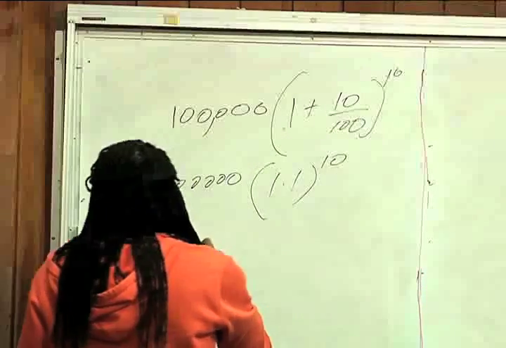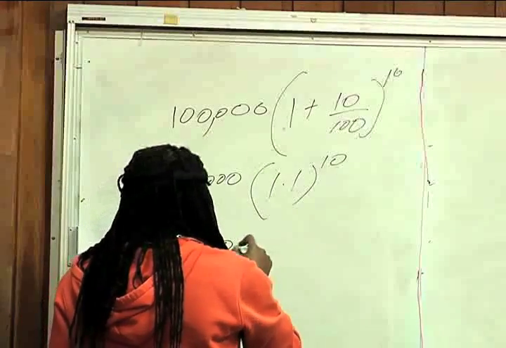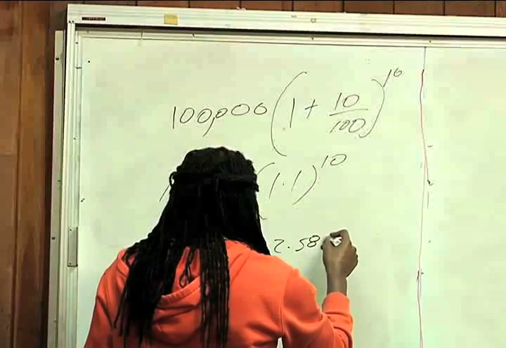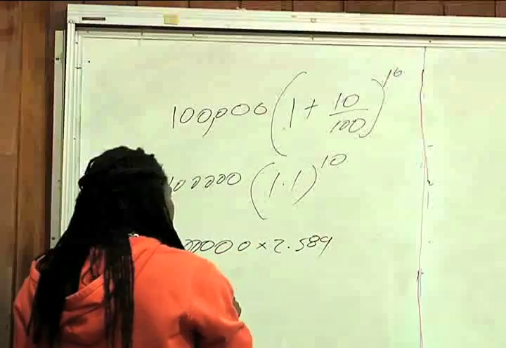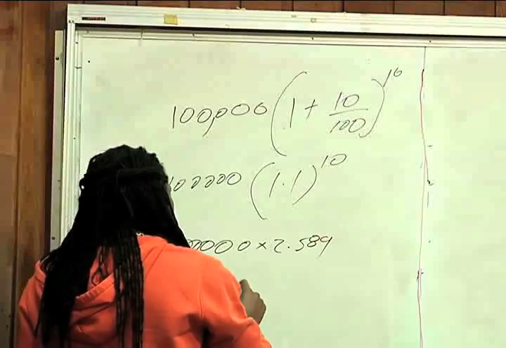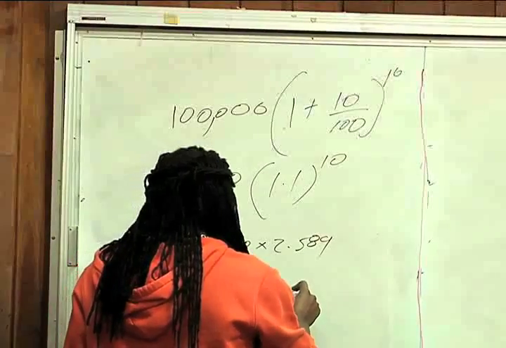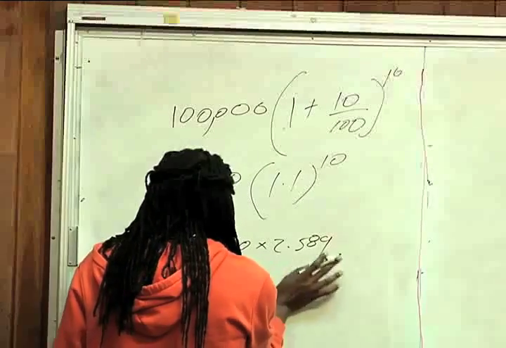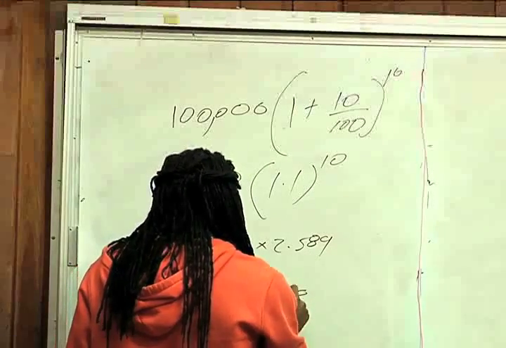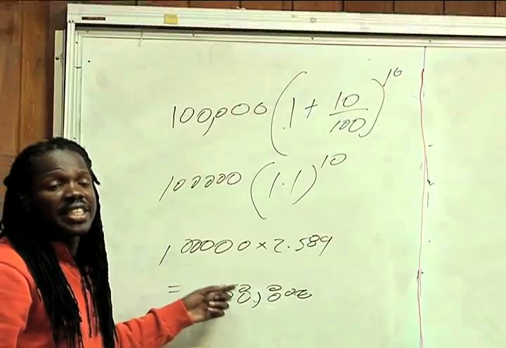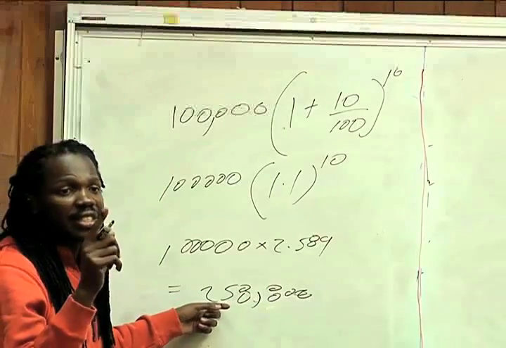So 100,000 times 2.589 comes to about 259,374 pounds, whatever. Say 258,900. Nice. You see the money your mother spent on you in first grade, she'd have to make back, like this, every single year.